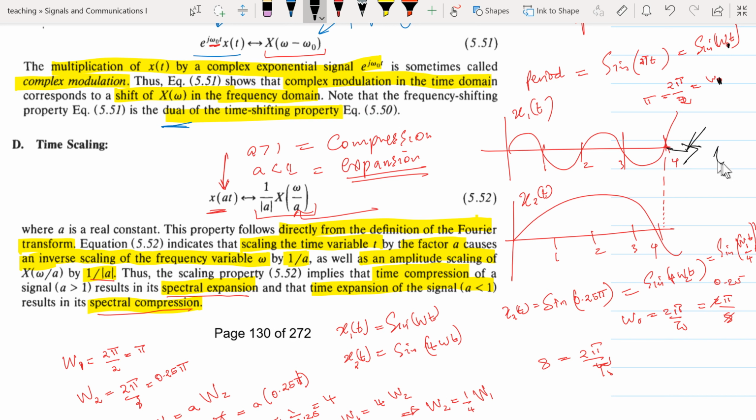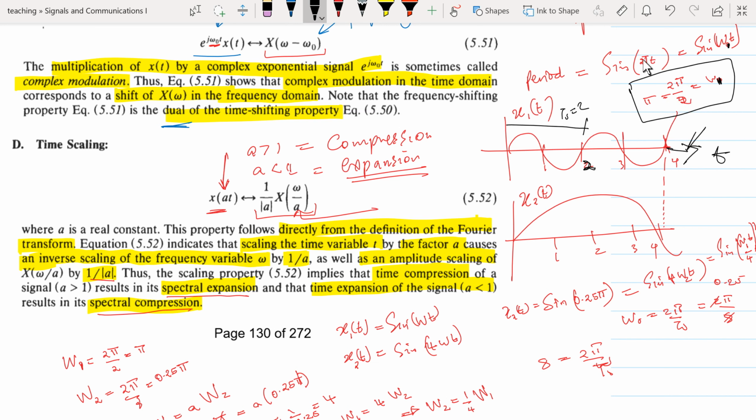If this is considered to be in time, then we count 2 as the period of the first signal x1 of t, because you normally say that the angular frequency omega 1 is given by 2 pi over T naught. And if you consider that my T naught here is equal to 2, then you are going to find that 2 pi over 2 is going to give us pi.